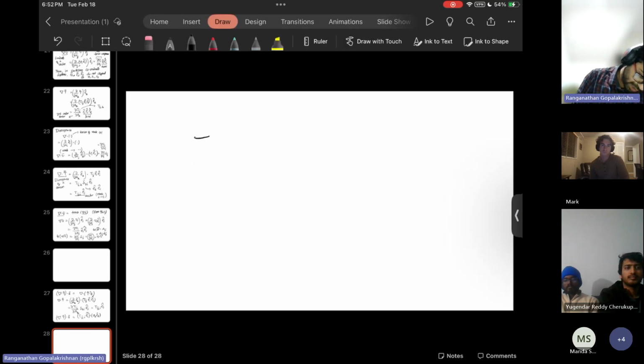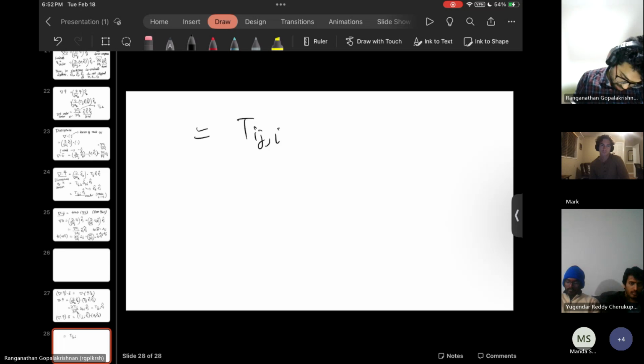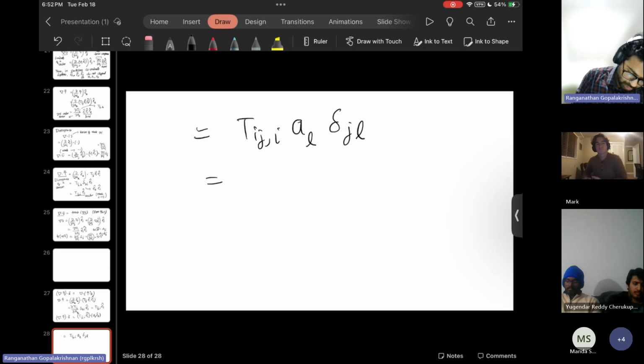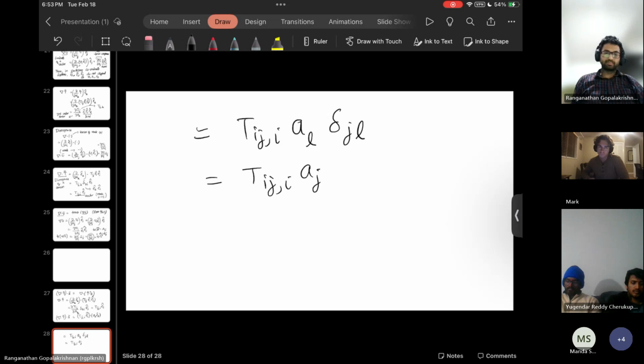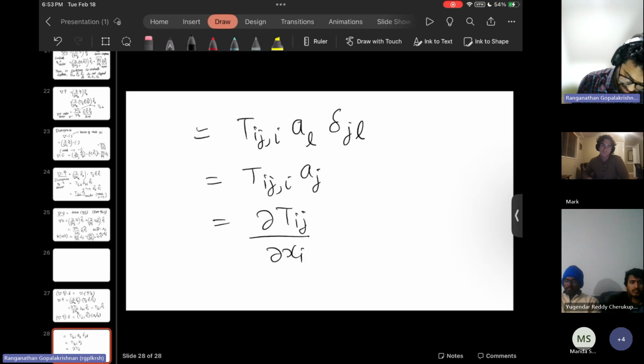So this is T_ij comma i multiplied by A_l multiplied by delta_jl. So this is T_ij comma i A_j, which is shorthand for partial T_ij with respect to x_i multiplied by A_j.